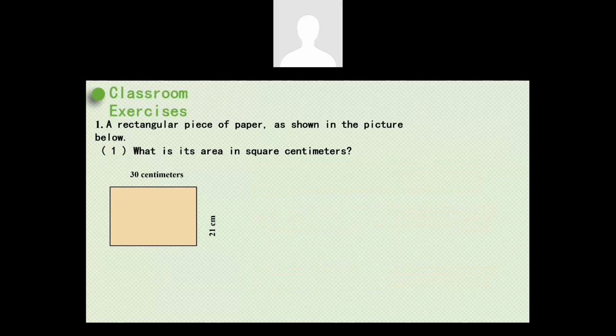Okay, let's do exercise. Exercise 1. A rectangular paper has length 30 centimeters and width 21 centimeters. What is the area? You have 10 seconds. Send the answer in the chat.